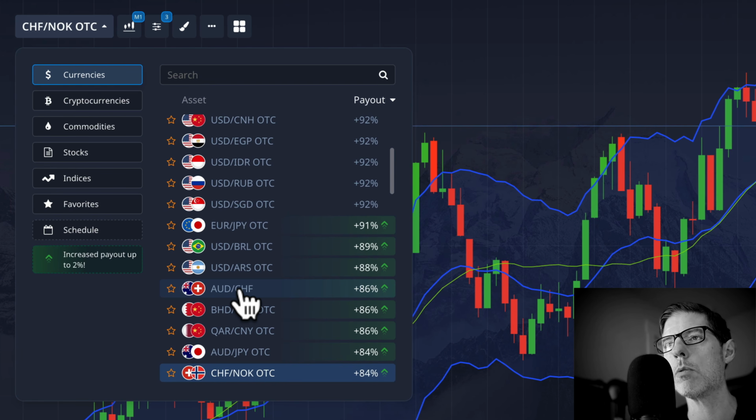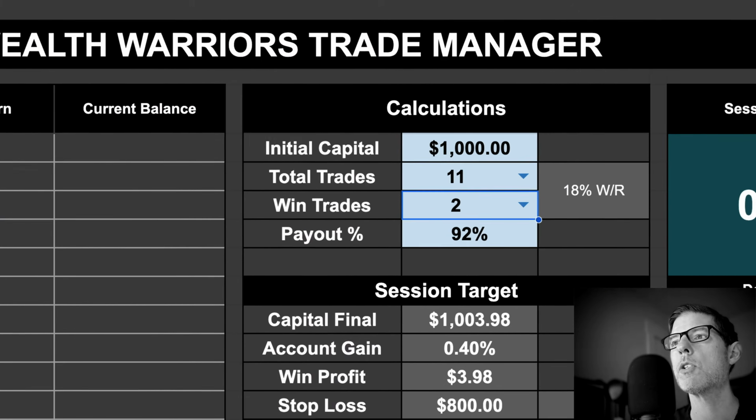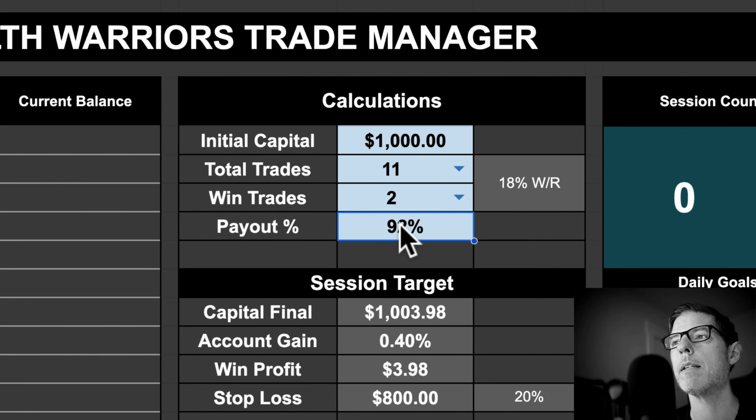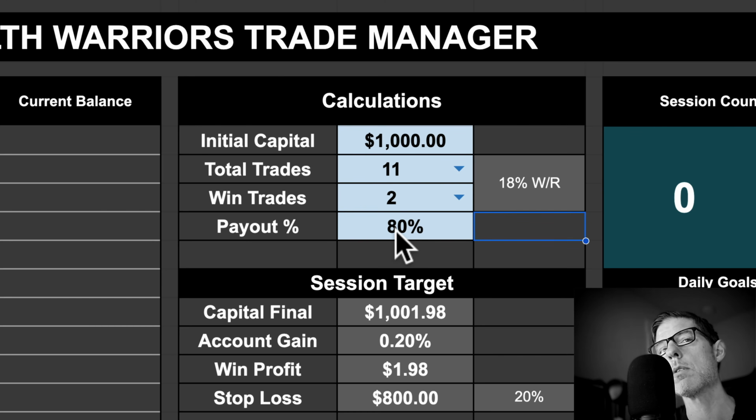But if you do, you must look at the payout and make sure that whatever it says over on the trade manager, that you set the payout percentage accordingly to give yourself some room, almost like a buffer. If I type in 80%, my trade amount's going to be smaller, but this makes up for any fluctuations with the payout percentages inside Pocket Option from 80 all the way up to 92%.